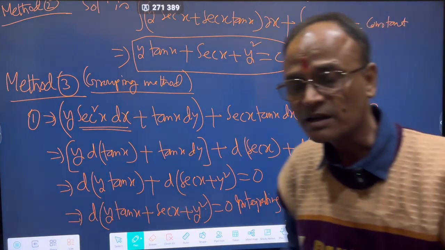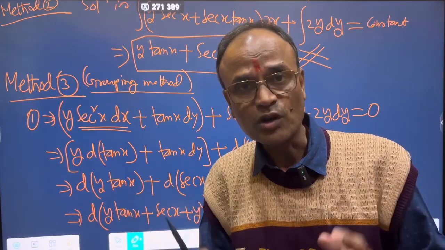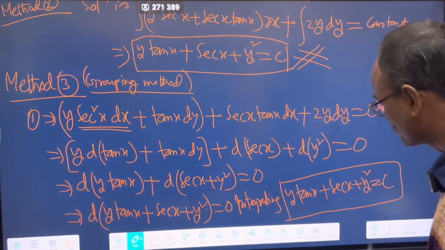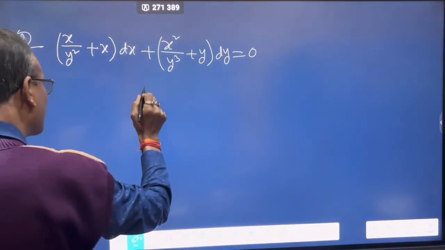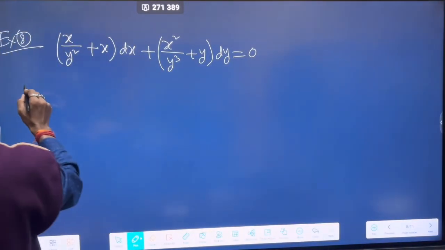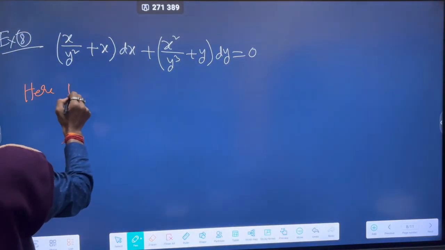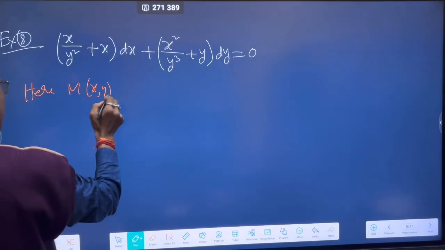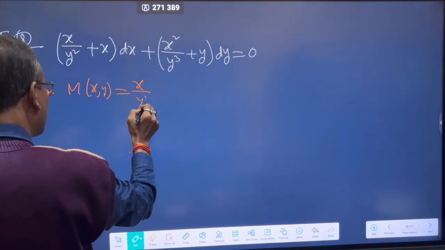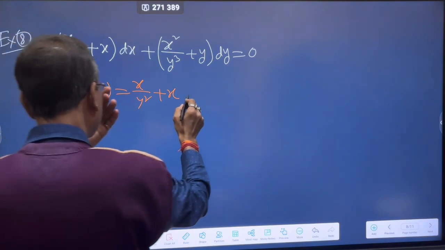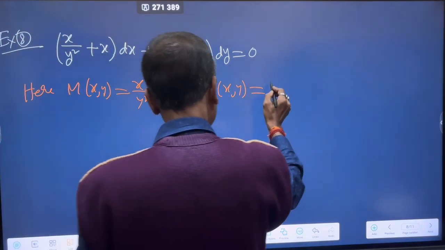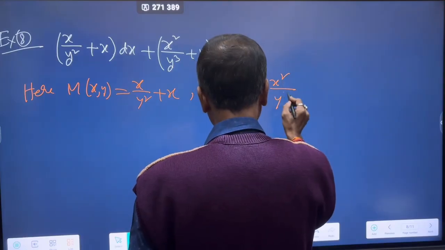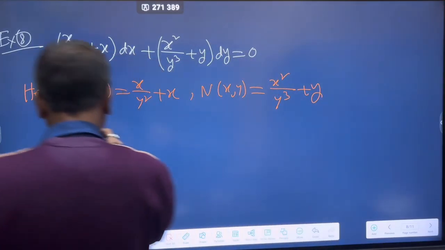Now, question number 7 has been solved in 3 different methods. Let us come to solve question number 8. Here M is equal to x by y square plus x, and N is equal to x square by y cube plus y.